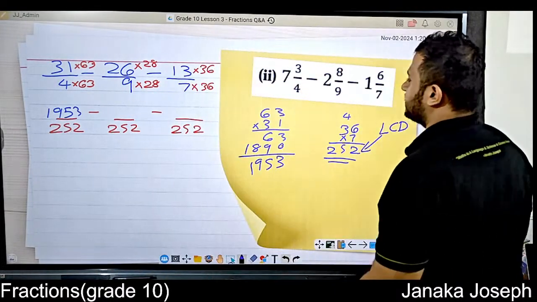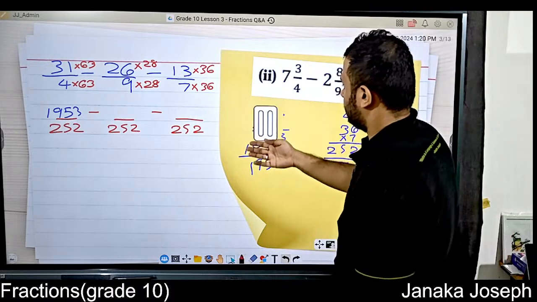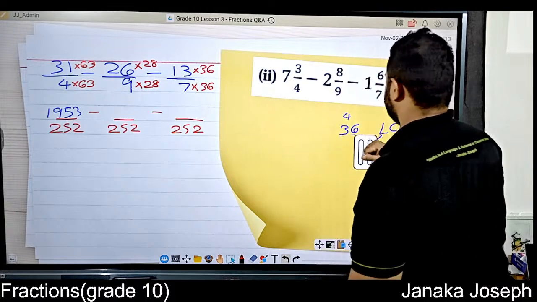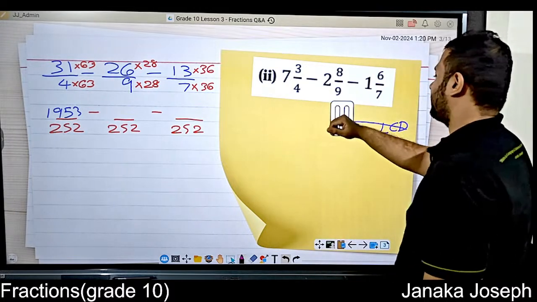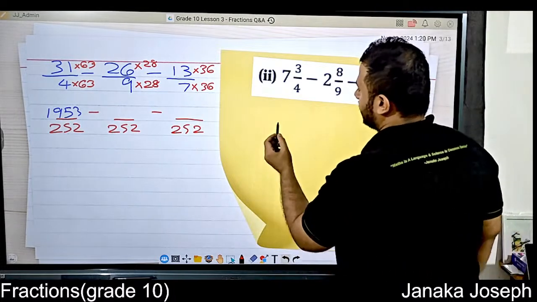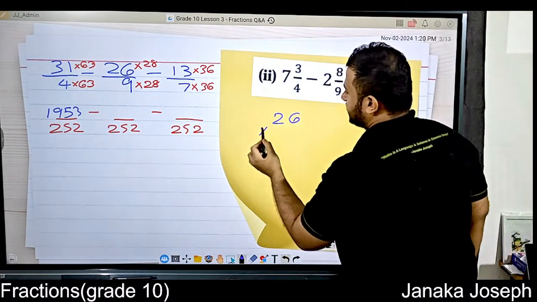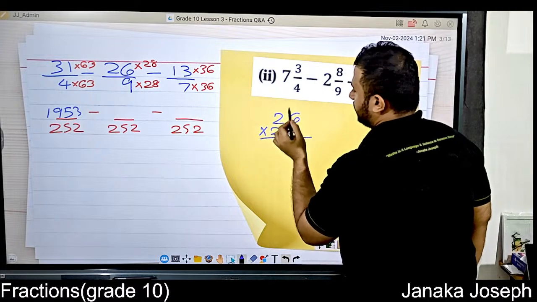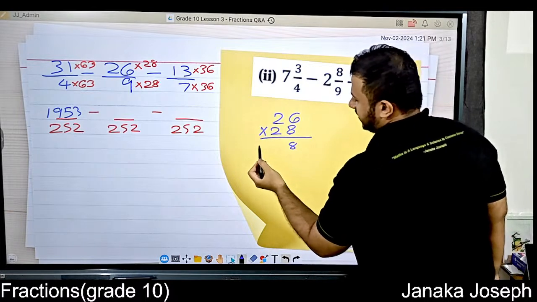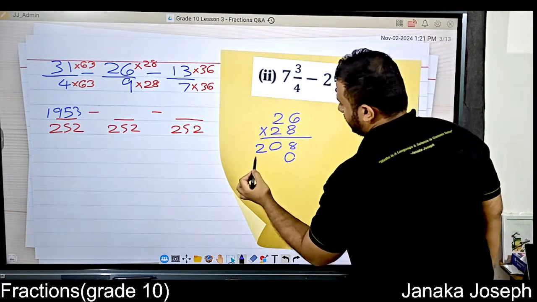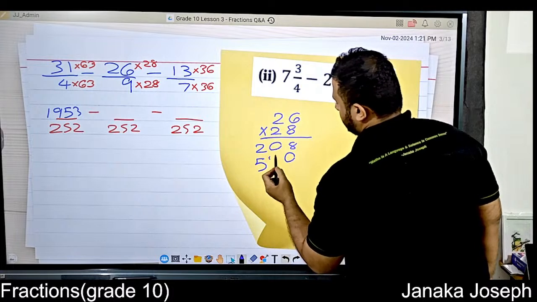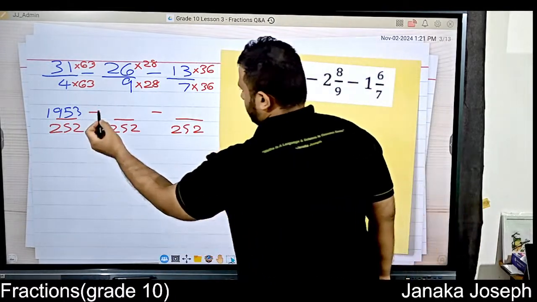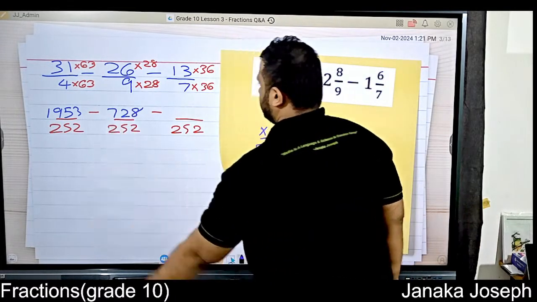And then 26 times 28. Let me quickly rub this thing a little bit so I will have some space to do my rough work. 26 times 28. This is a 48. 4 comes to the neighbor. 16, 20, 0, 52, and that's 728.